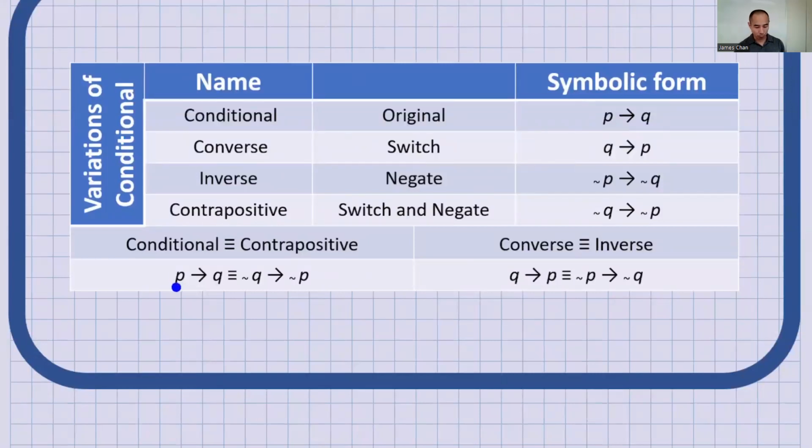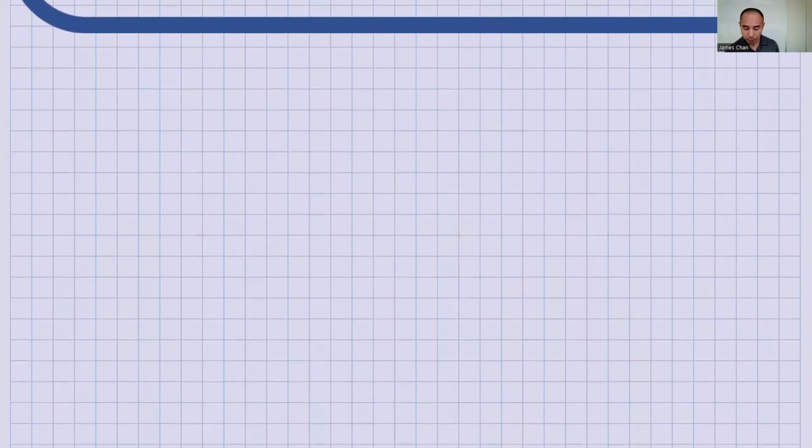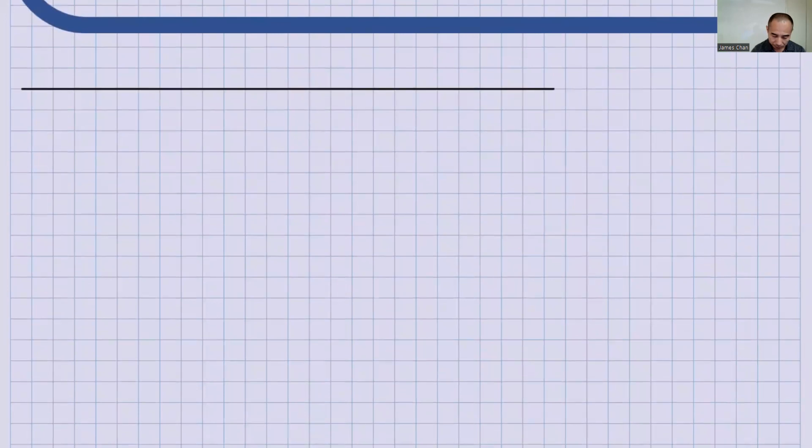So let's go ahead and prove the fact that the conditional, the original, is equivalent to the contrapositive, while the converse is equivalent to the inverse. So let's take a look. Let's go ahead and make a table, because I'm sure just hearing words is confusing in math already, right?